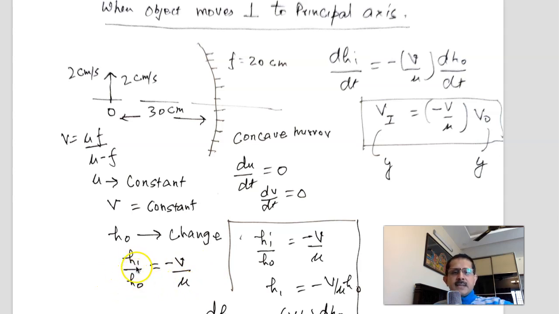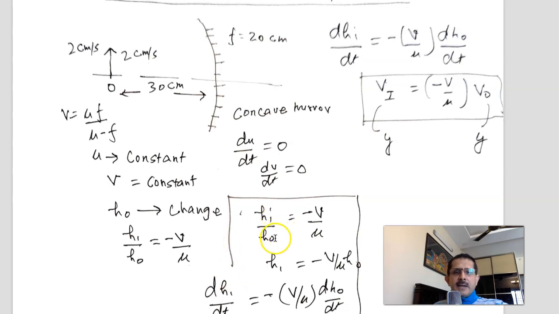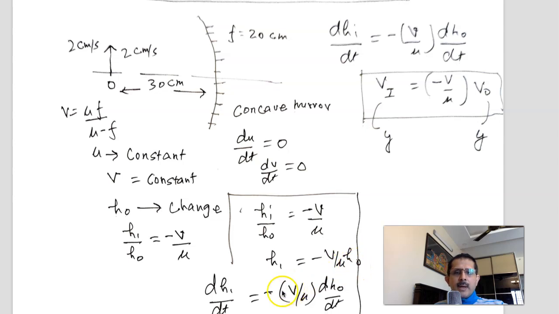Now we know magnification is HI by HO is equal to minus V by U. I can write HI is equal to minus V by U times HO. Now if I differentiate both sides with respect to time, I'll get dHI by dt is equal to minus V by U dHO by dt.